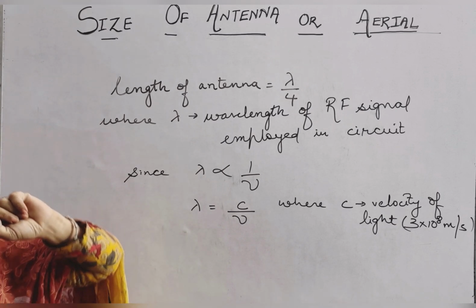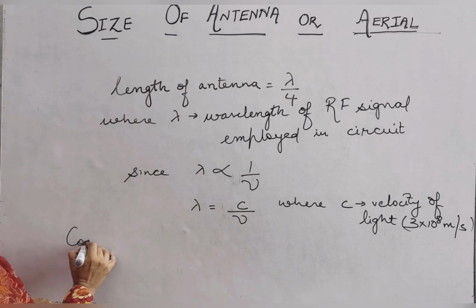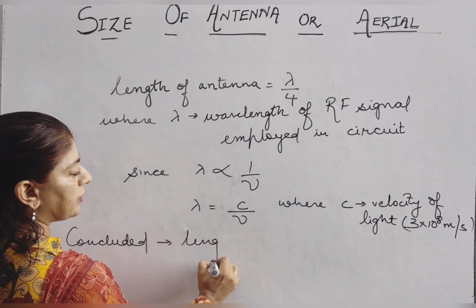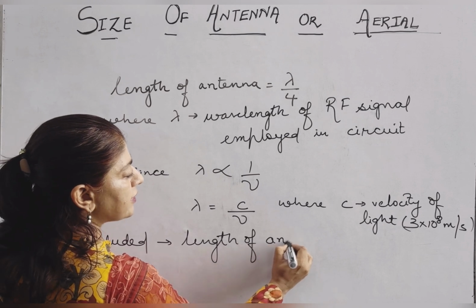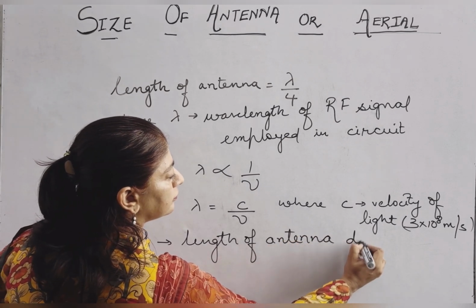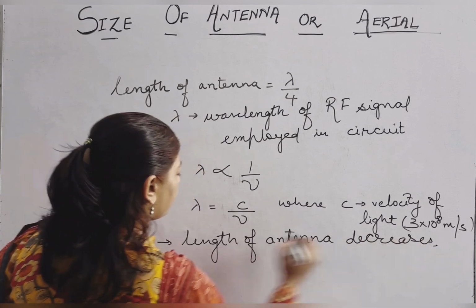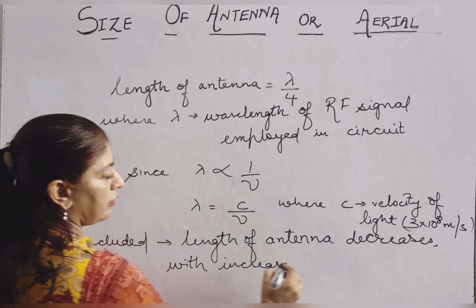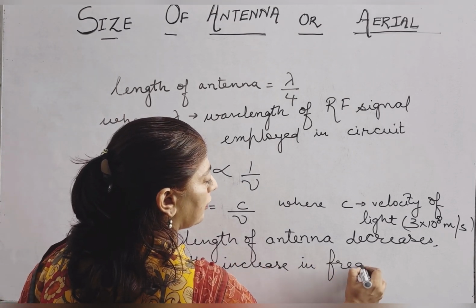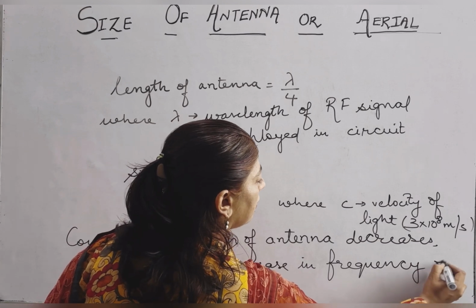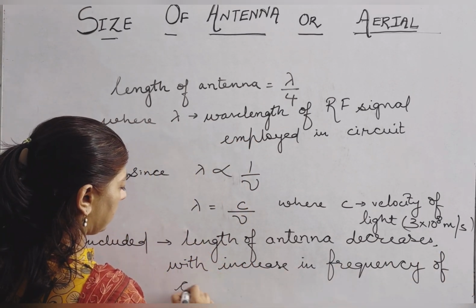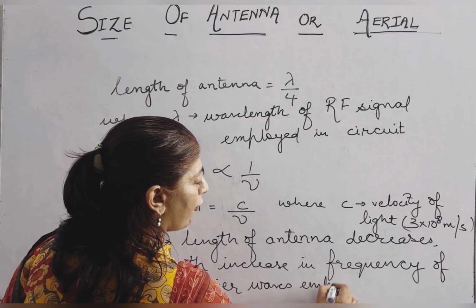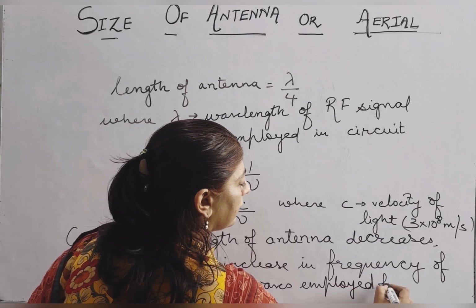So it is concluded that the length of antenna decreases with increase in the frequency of the carrier wave employed for communication.